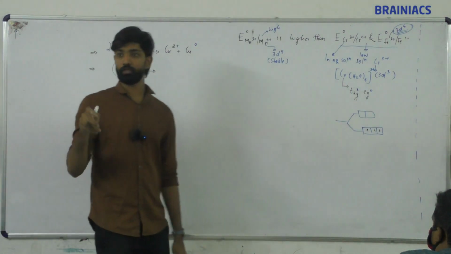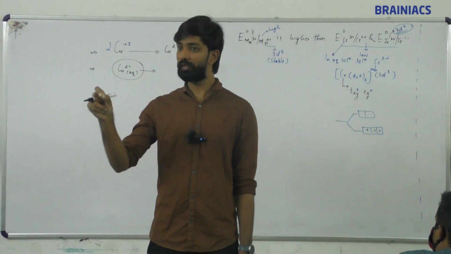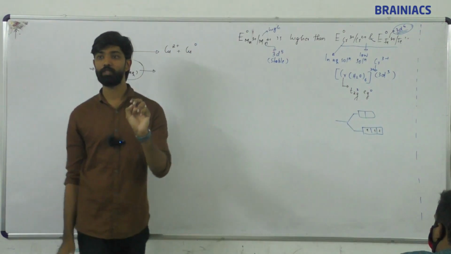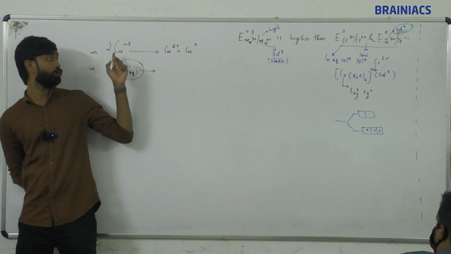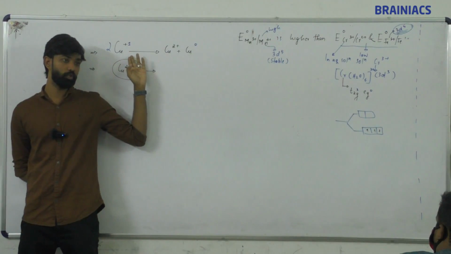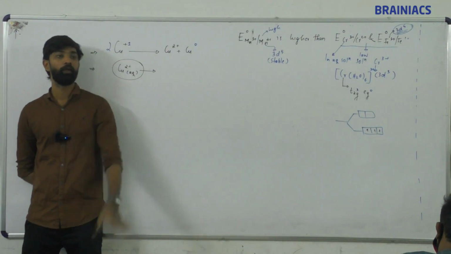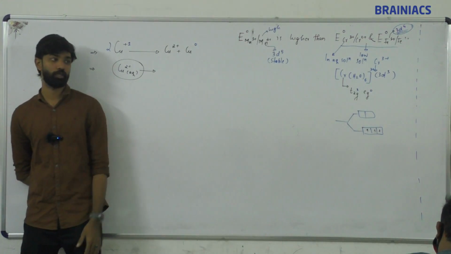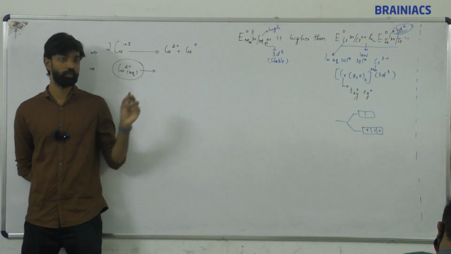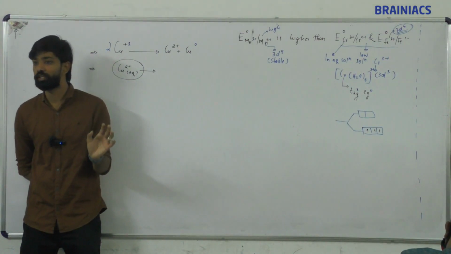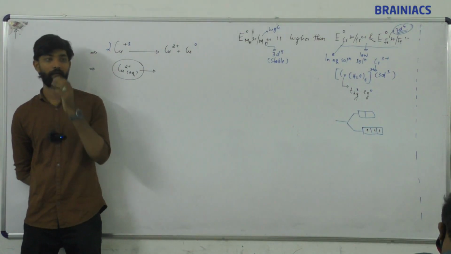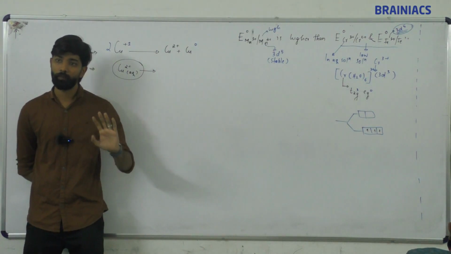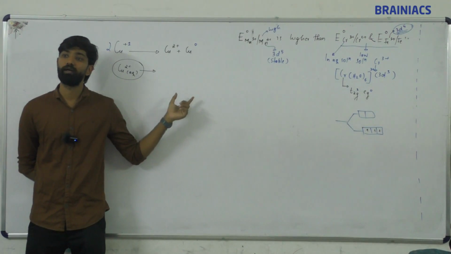So in aqueous solution, Cu2+ has more stability than Cu+. The explanation is based on two ideas. Number one, Cu+ disproportionates in aqueous solution, which indicates that it is relatively less stable. Second, Cu2+ has more hydration energy, even if its ionization energy is greater.